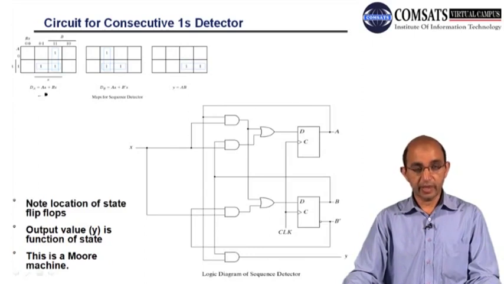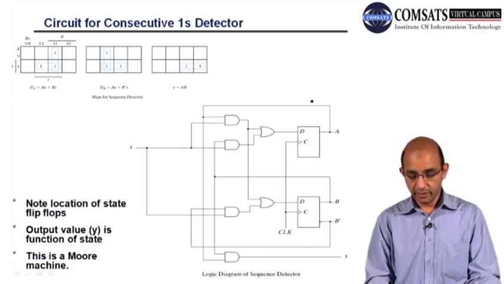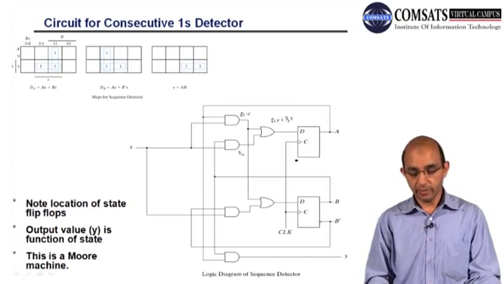Here you can see AX, so this is A and this is X. And for this we have BX. So I will be having AX plus BX. This is the input. That's what we take as the combinational part. This is the input to the flip-flop, the storage element or the memory element.